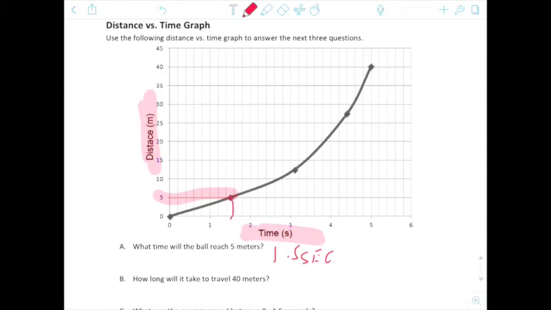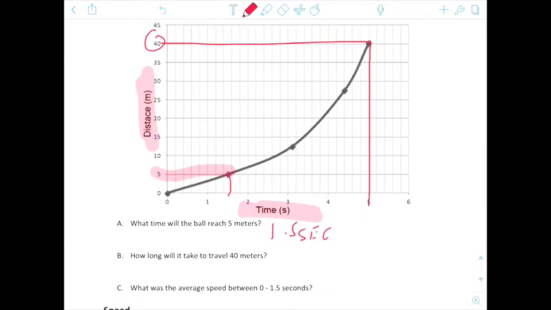And the next one, it says how long will it take to travel 40 meters. So find 40, all the way over, go straight down, 5 seconds. And our last question, what is the average speed between 0 and 1.5 seconds? So 0 is right here, has 0 velocity, and then 1.5 seconds is right there.